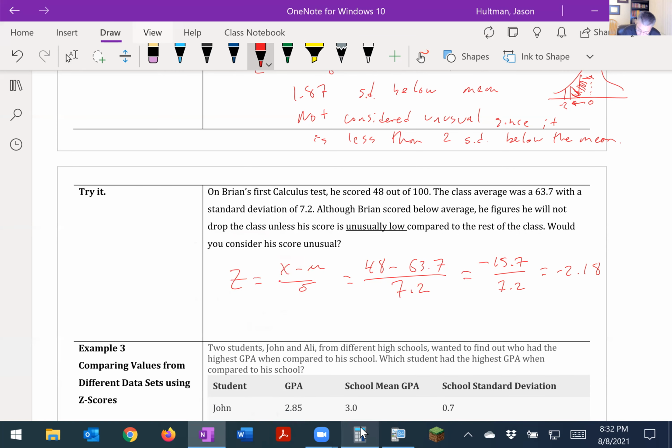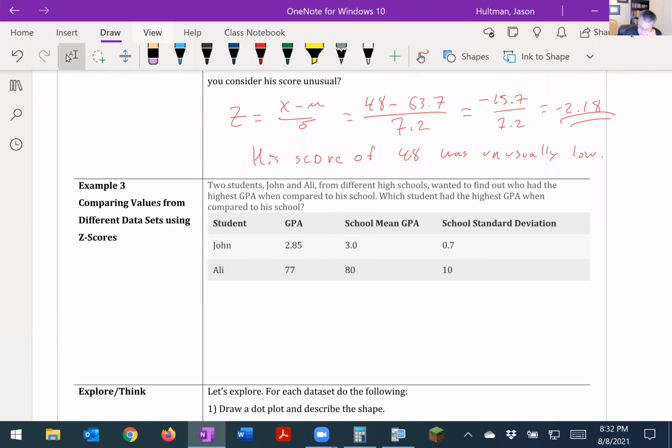And so his score of 48 was unusually low, because it's more than 2 standard deviations below.